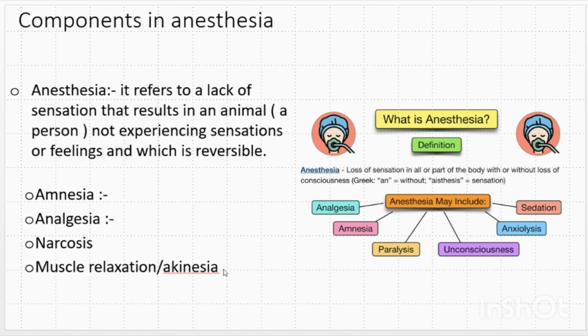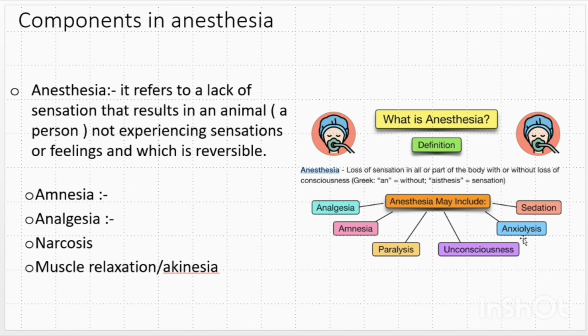So to manage that, we will give muscle relaxation drugs like vecuronium, atracurium, cisatracurium, pancuronium. Based on the patient's condition, we will use these drugs. That term is called akinesia or muscle relaxation, or even paralysis we can say. Next is anxiolysis. While taking the patient inside the OT, the patient is scared or afraid of surgery, wondering what they will do to me, so he or she will be under some anxiety.